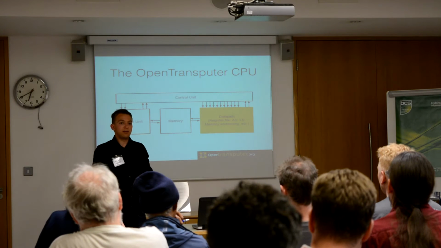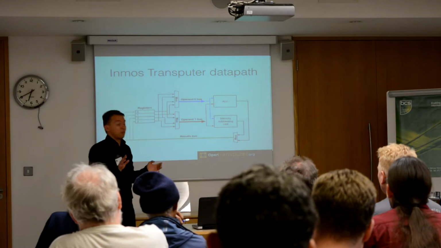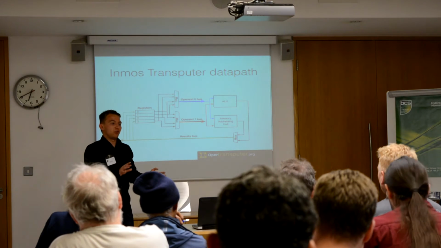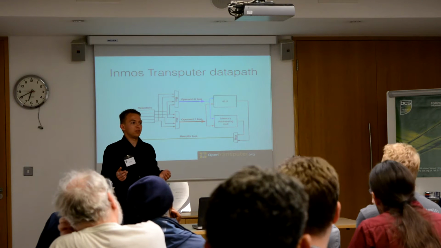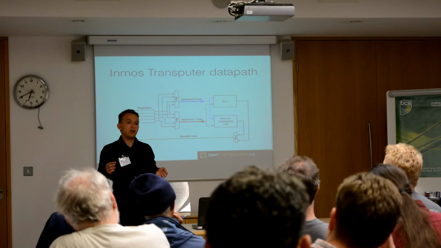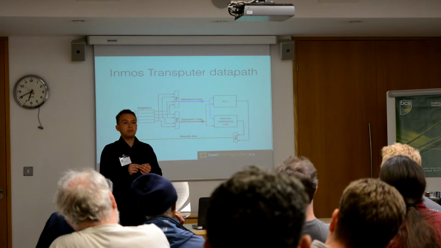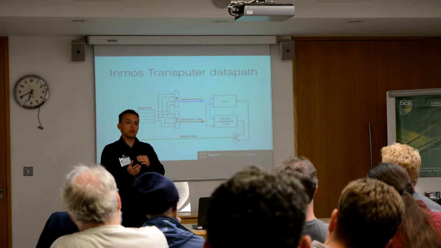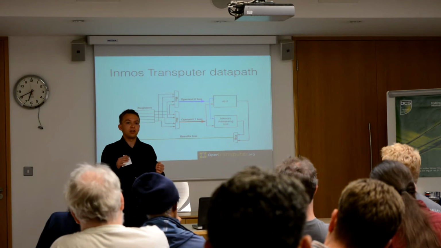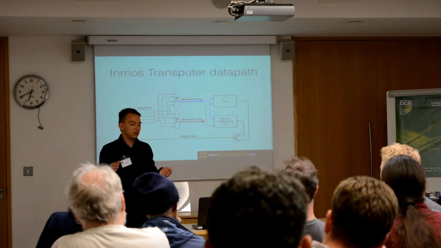Let's have a look at the data path of the OpenTransputer. So, let's start by first talking about the original Transputer. Back in the 1980s, when developing a processor, there were quite a lot of constraints on the manufacturing process. This meant you could only have a limited number of wires, because it was difficult to have wires crossing over each other, and you could only have a limited amount of interconnect.